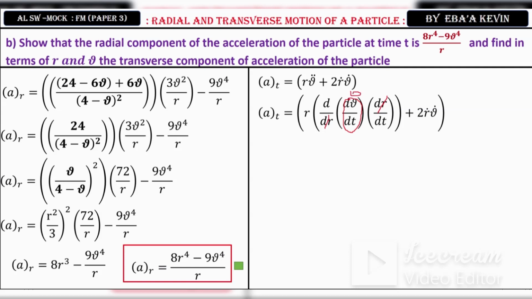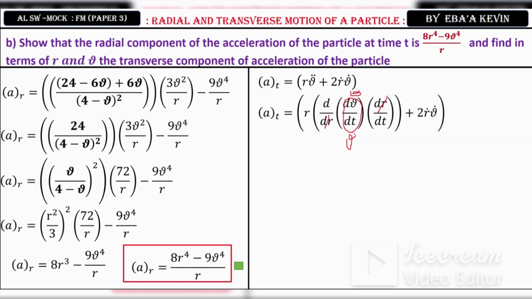Excuse me if I'm not writing very well. This inner expression corresponds to θ dot. So this bigger expression is going to be d θ dot over dt, and it corresponds to θ double dot. I hope you are seeing that.